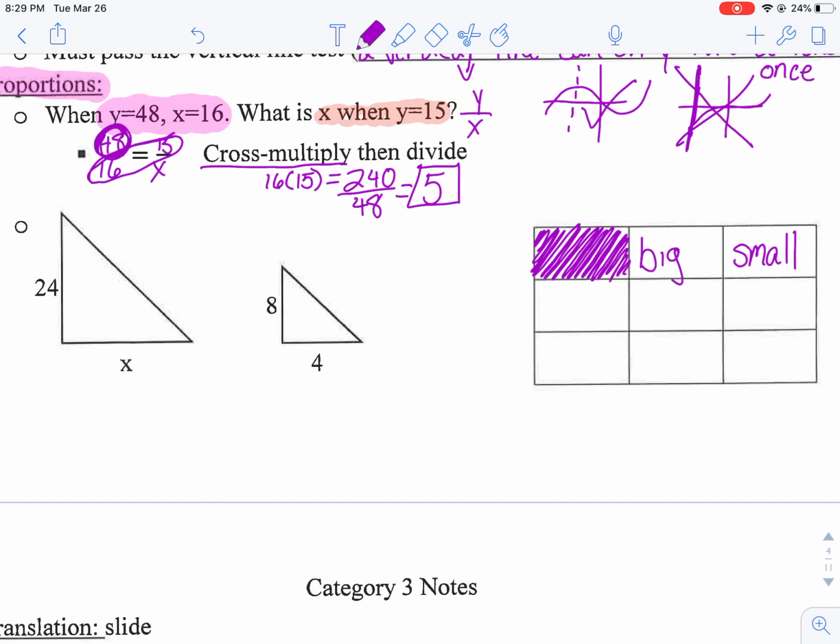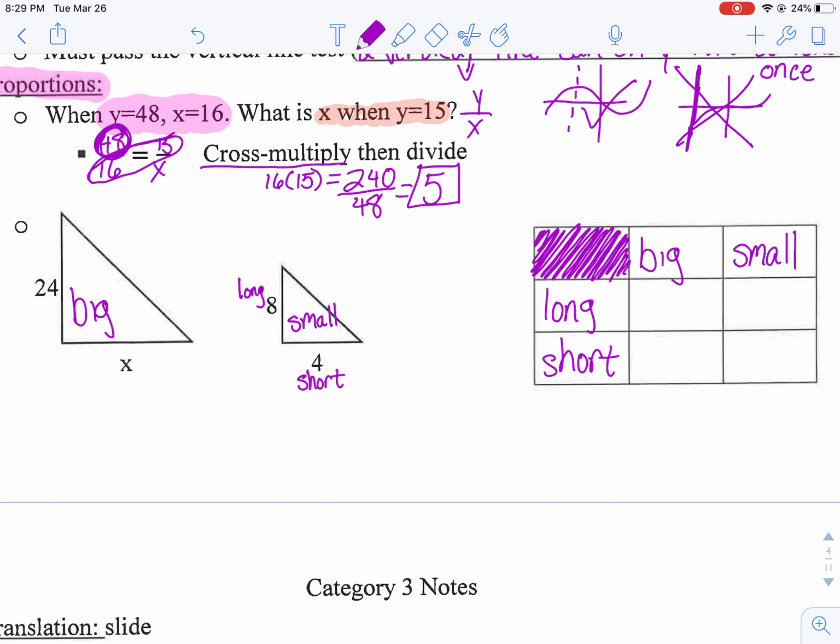I have a big shape and a small shape. And on those shapes, I have a long side and a short side. So I got big and small. I've got long and short.